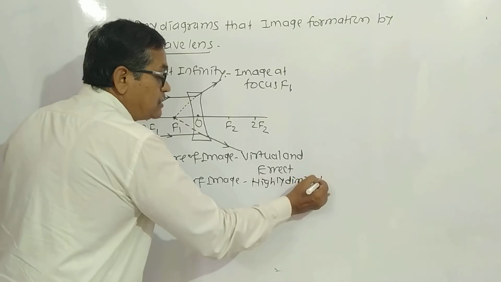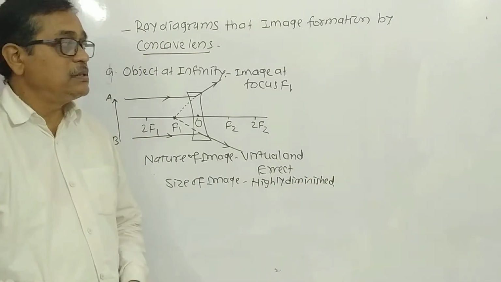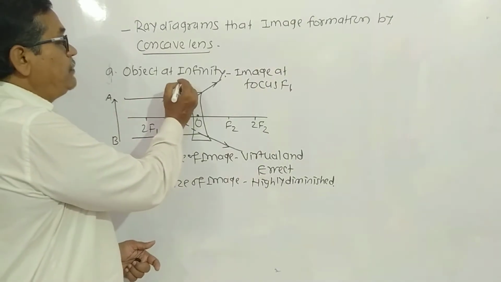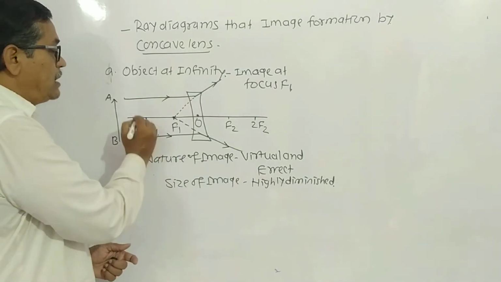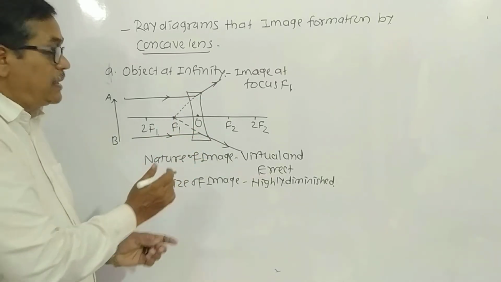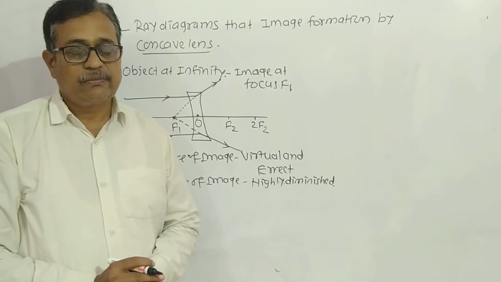Highly diminished means very small image. That is said to be diagram number 1. Object at infinity, image at focus. In this diagram, two light rays are parallel to principal axis. Both the refracted rays appear to come from the focus and image of object is at focus.